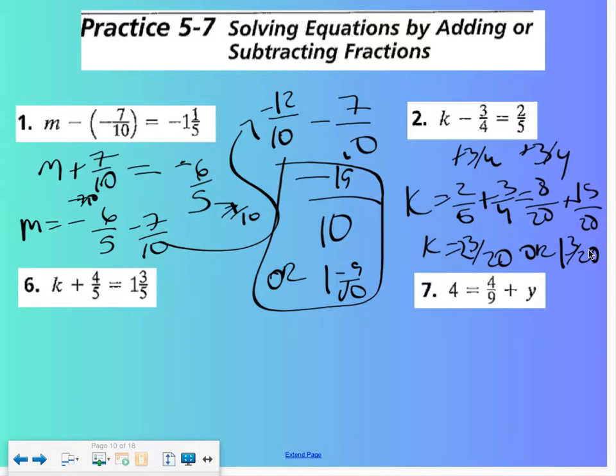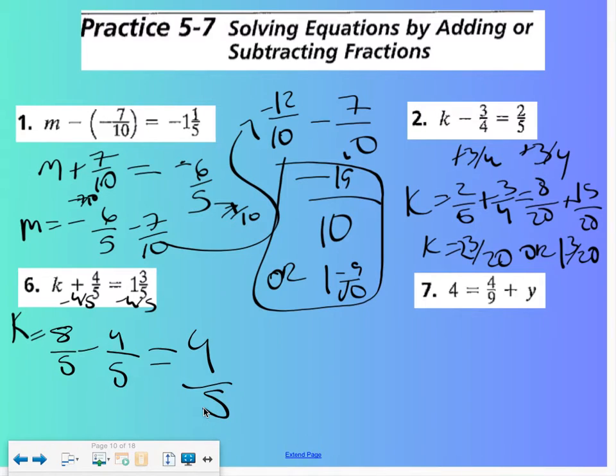All right, number 6. Subtract 4/5 from both sides to get k equals 1 3/5, or that would be 8/5 minus 4/5. This one, they're already common, so we get k equals 4/5. All right. Number 7, how do we get y by itself?